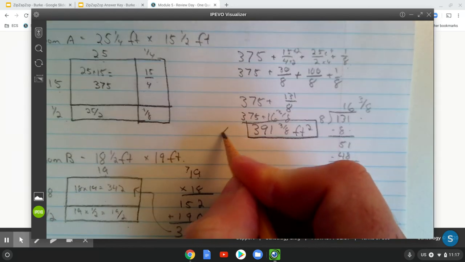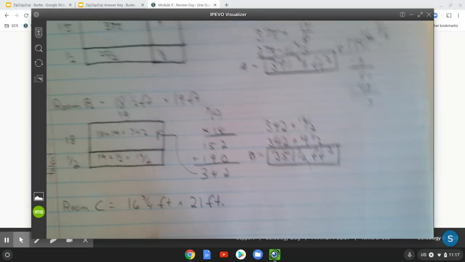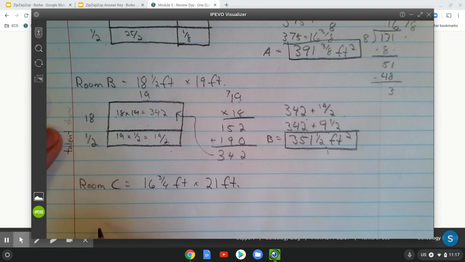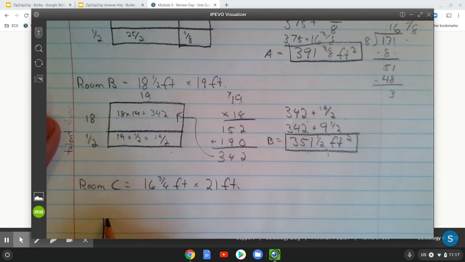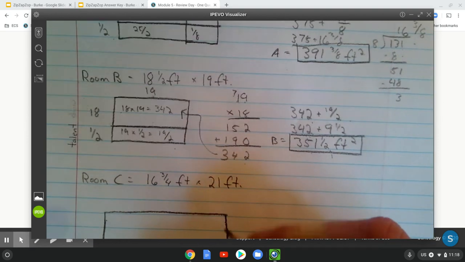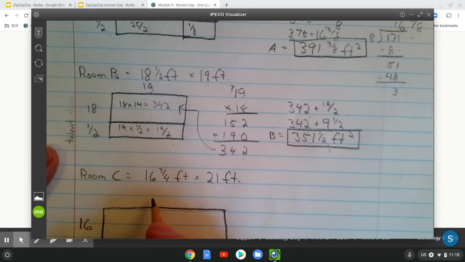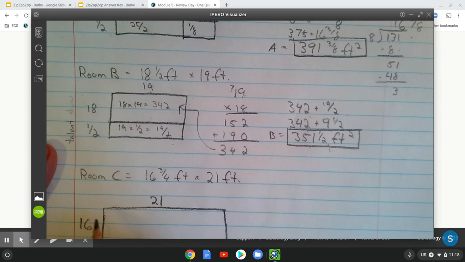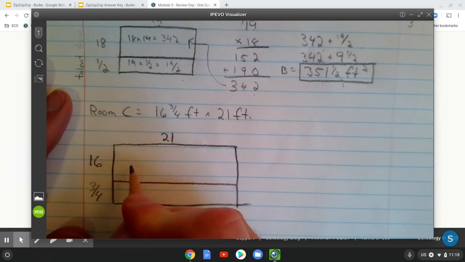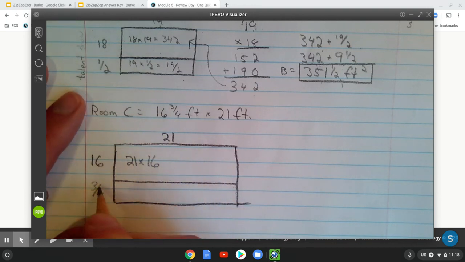So this is A, and here is B. And room C, set it up: 16 and 3/4 times 21. This is going to be 21 times 16, and this is going to be 21 times 3/4.